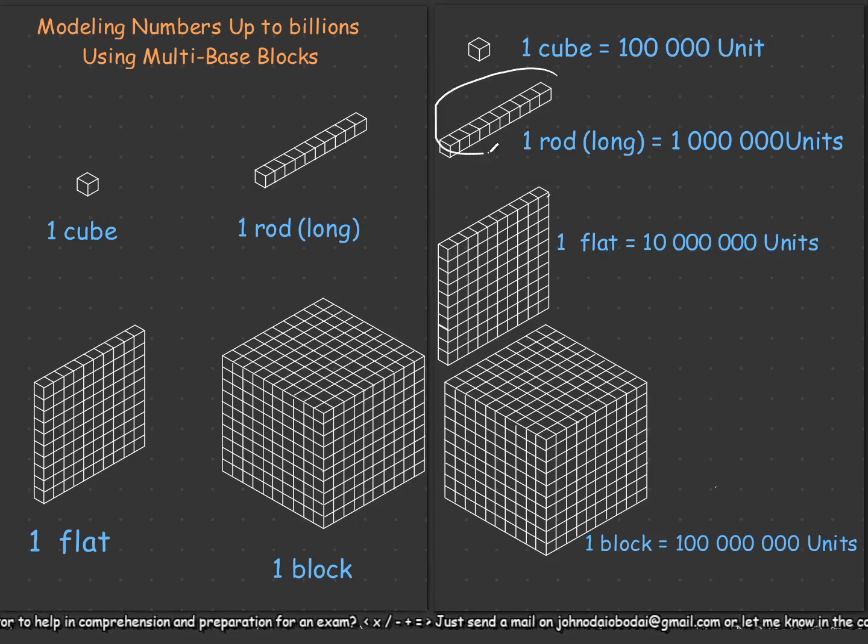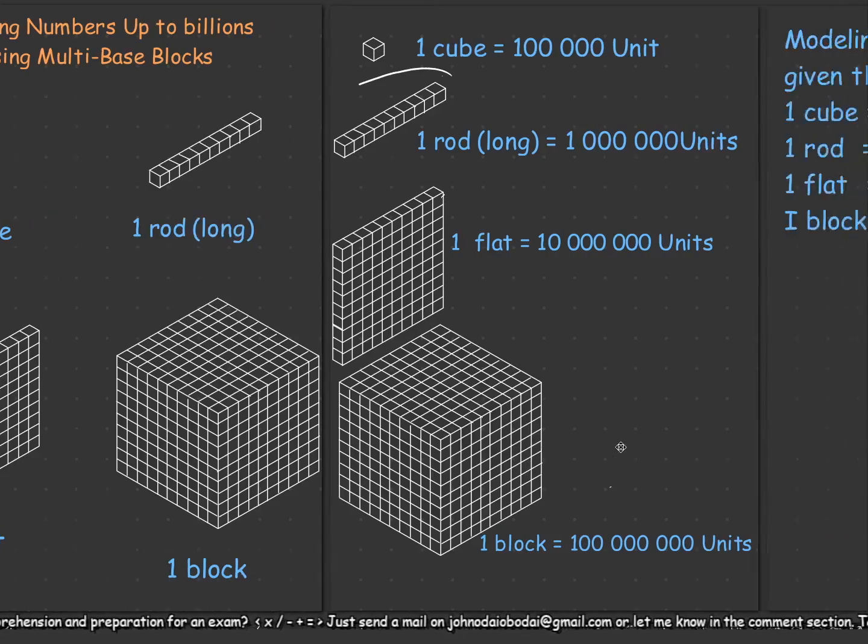A rod is going to represent 1 million units. Then a flat is going to represent 10 million units, whilst a block is going to be 100 million units.